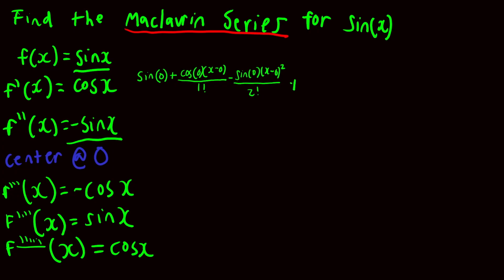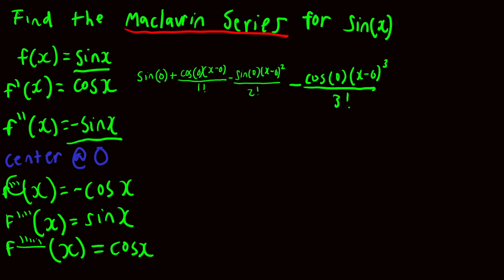Okay, so plus our next term is going to be right here. We're going to use these 3 right here. Remember, this is also going to be a negative. So this is going to be negative cosine of 0, x minus 0 cubed over 3 factorial, right?